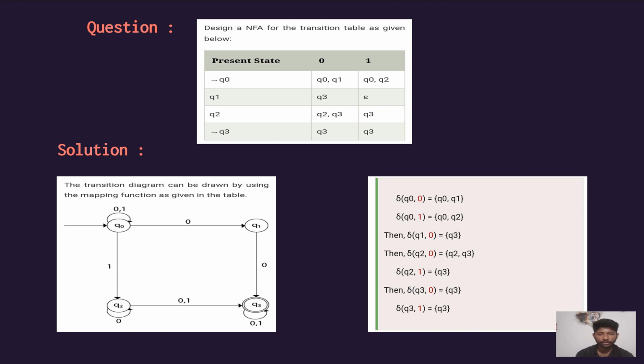Then the same is done for Q1. Q1 comma 0 is equal to Q3. Then Q2 comma 0 is equal to Q2 comma Q3. Then transition state Q2 comma 1 is equal to Q3. Then transition state Q3 comma 0 is equal to Q3. Q3 comma 1 is equal to Q3. So this is one of the examples for NFA.